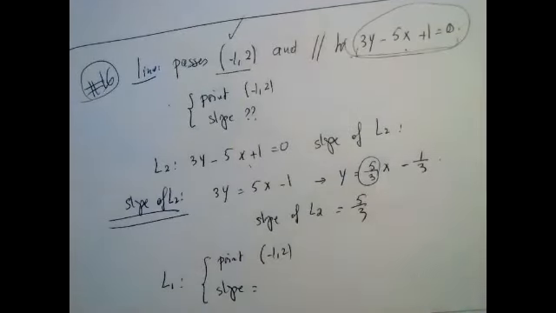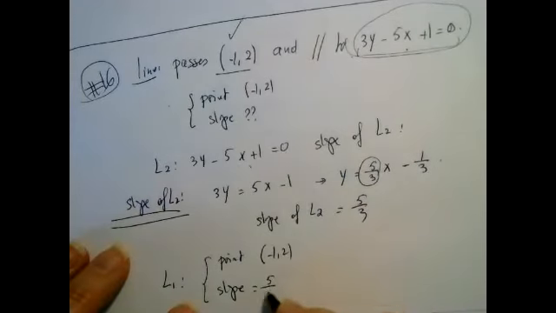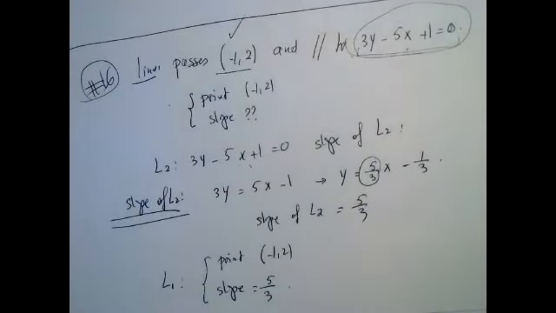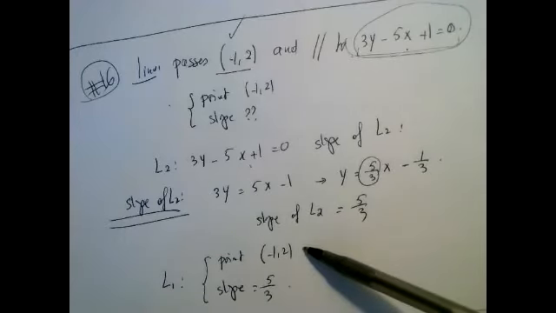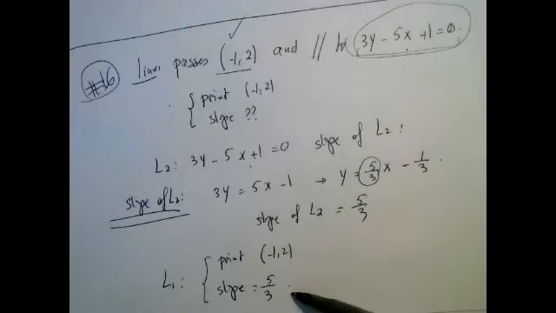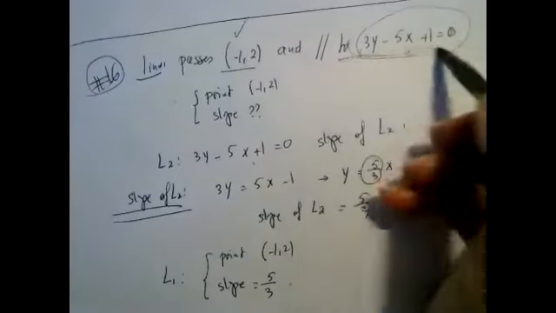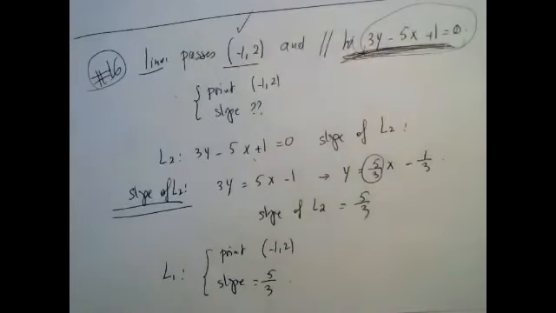So the line I'm interested in also has slope 5 over 3. It's not perpendicular. So, not x, 5 over 3. Be careful. The slope is a number. It has no x in it. So now I'm interested in a line that goes through this point and has slope 5 over 3, because it's parallel to this line, so it has the exact same slope.